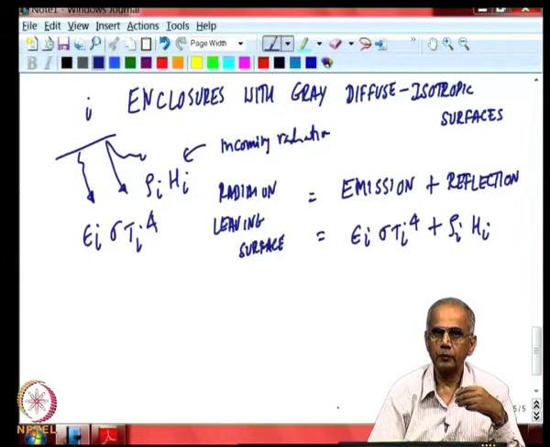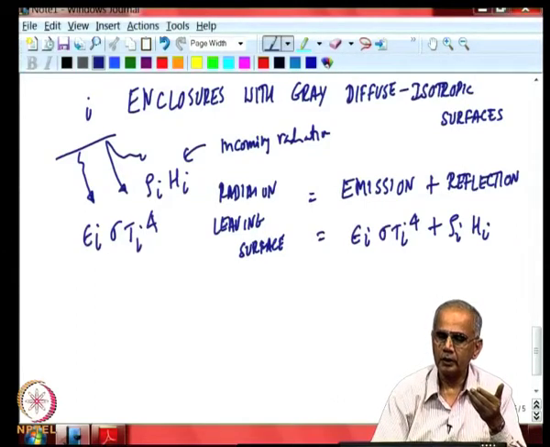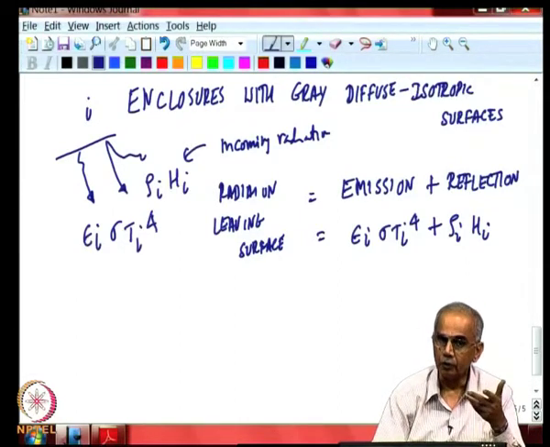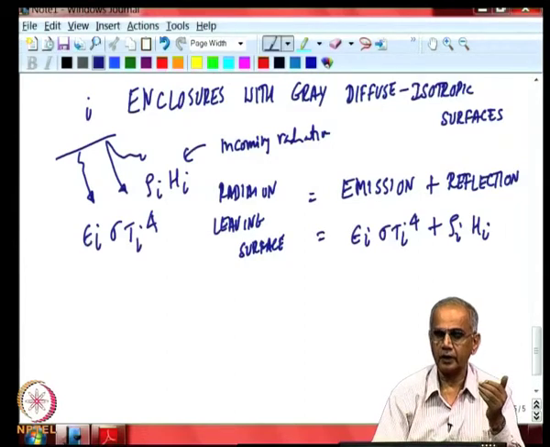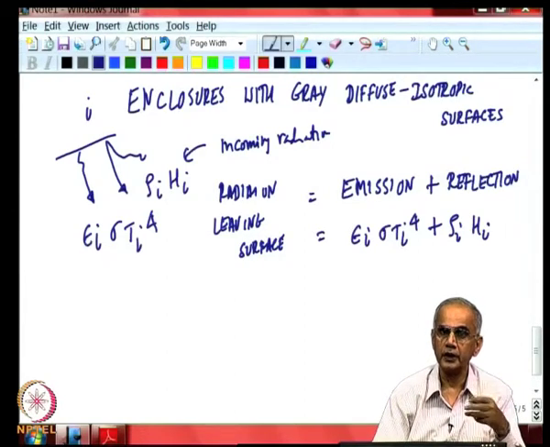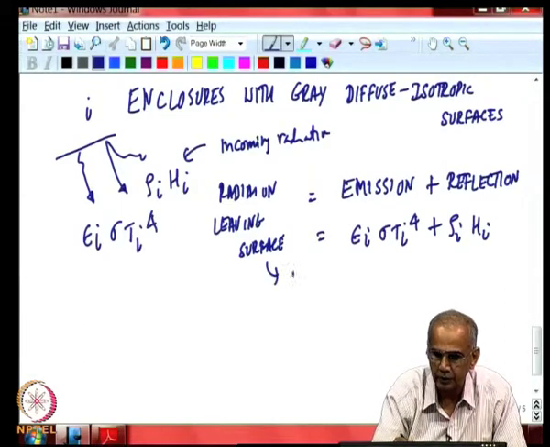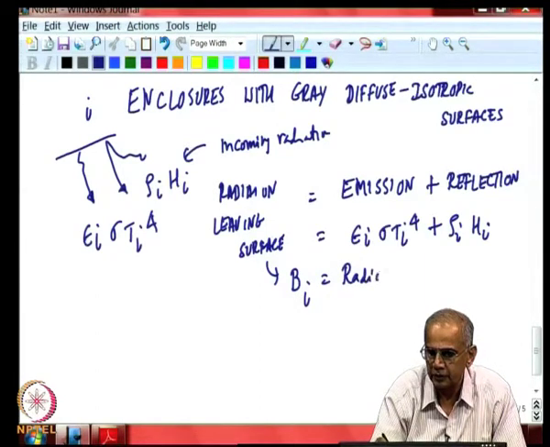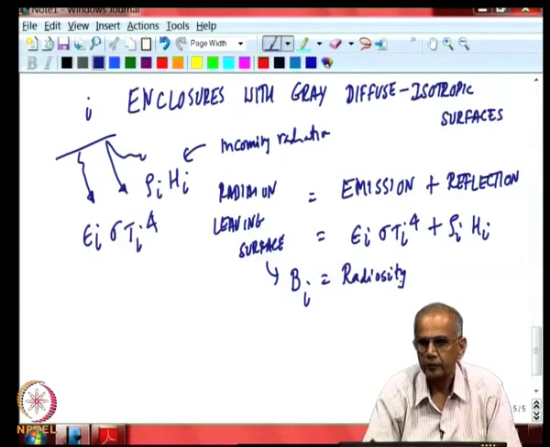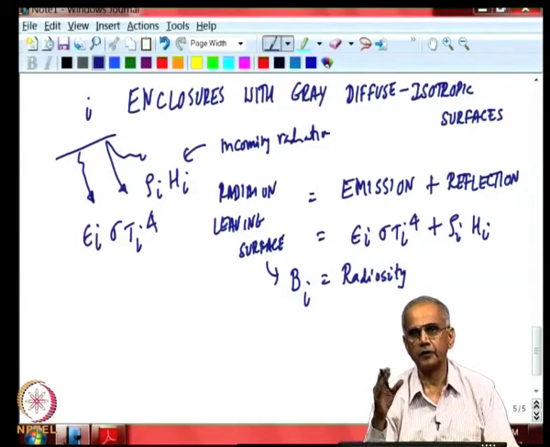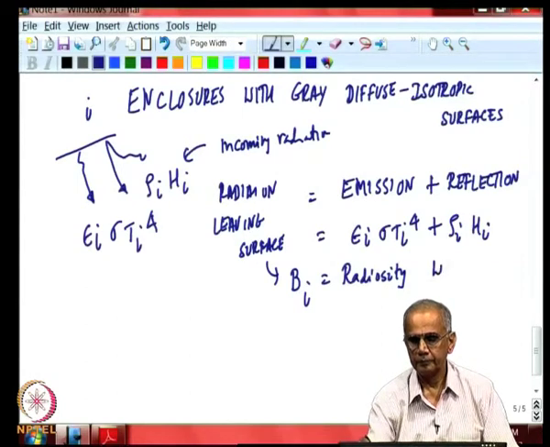Now, this quantity will come frequently in gray enclosures, because in contrast to black enclosures where you only have emission, no reflection, in a gray enclosure you must worry about both emission and reflection. Since this is going to come very often, we will give it a new name called radiosity. So, radiosity is nothing but radiation leaving a surface, that is the sum of emission plus reflection, per unit area.